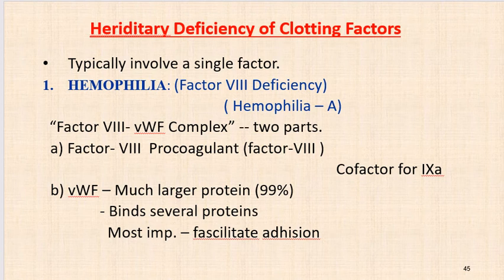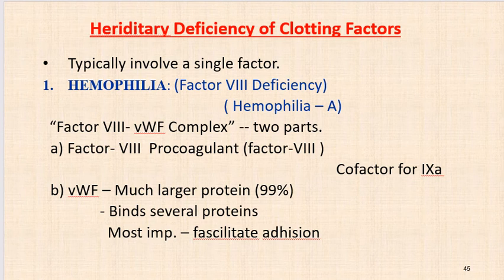The factor 8, the circulating factor 8 in blood has two parts, the factor 8 procoagulant part and the von Willebrand factor, which in combination with factor 8 procoagulant part forms a complex. In this complex, the von Willebrand factor is about 99% of this complex.